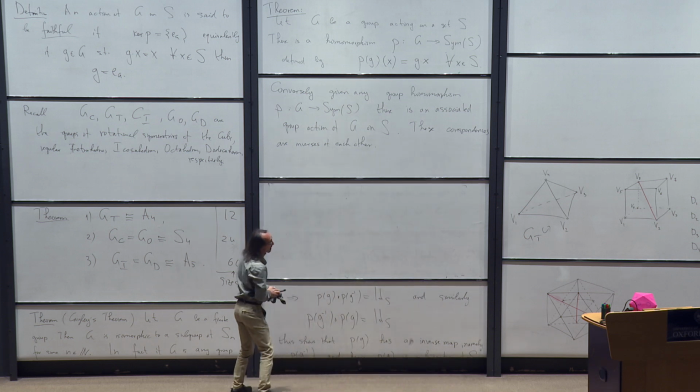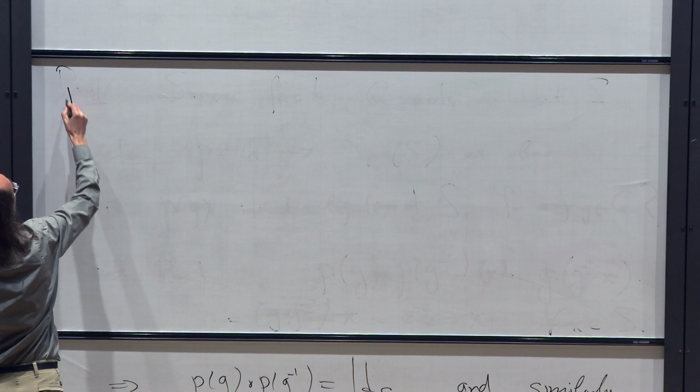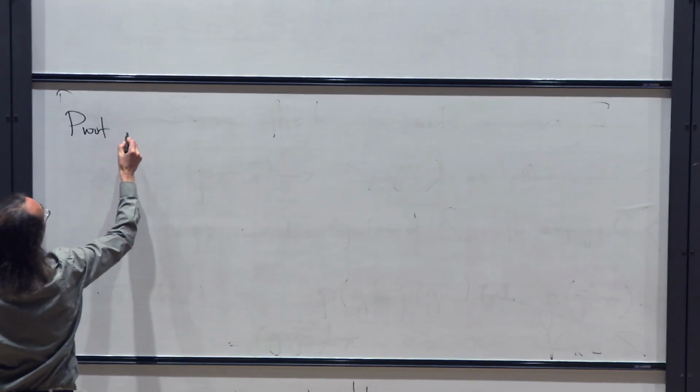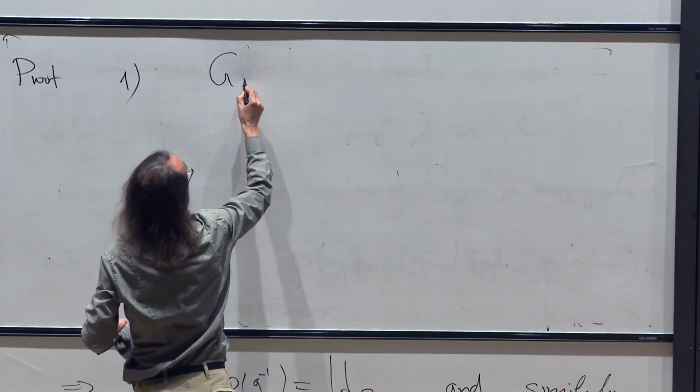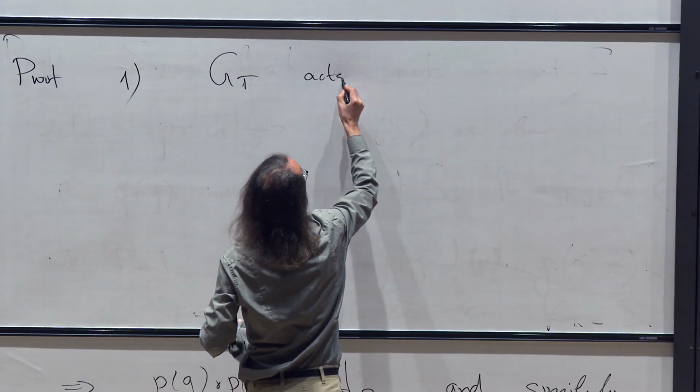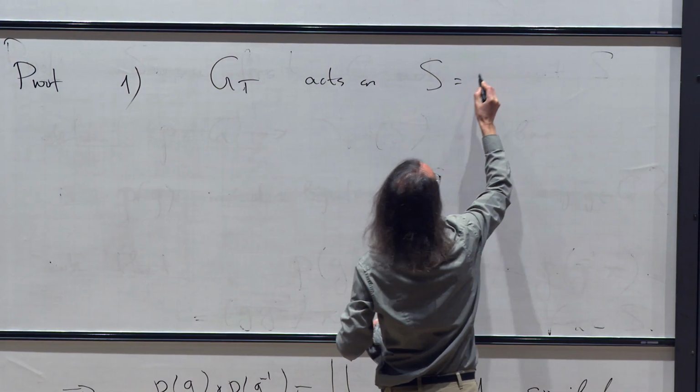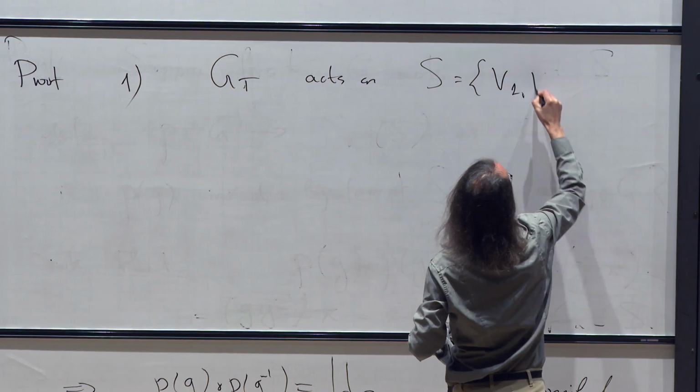Proof. First, GT acts on the set S of the 4 vertices of the tetrahedron.